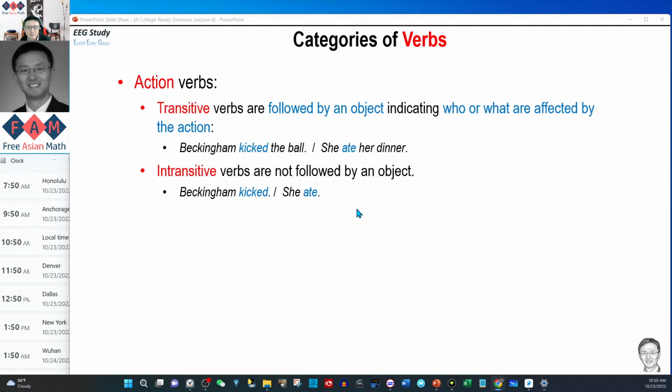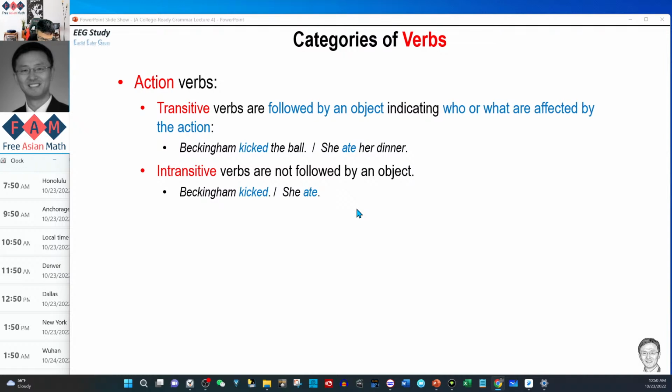It's only possible if you have a transitive verb and this transitive verb has a direct object. Only in such a case can we convert an active sentence into a passive sentence. In that case, the object in the active sentence will become the subject of the passive sentence.